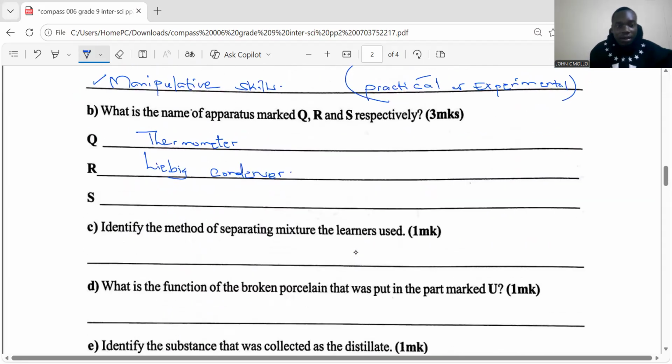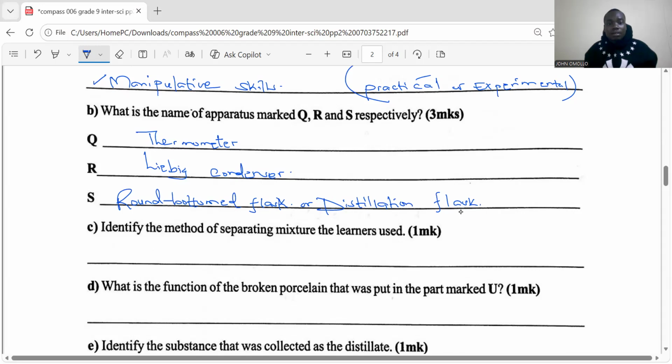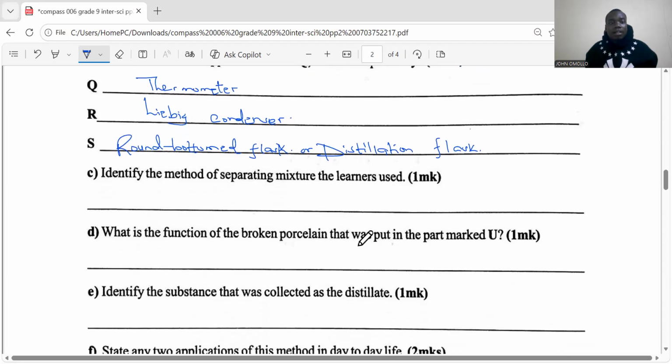S, we said it is a round bottom flask. Sometimes you can write distillation flask. You get the mark right. Distillation flask is also another right answer.